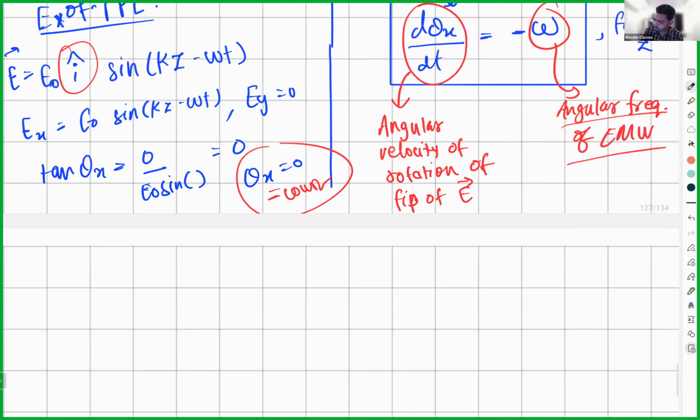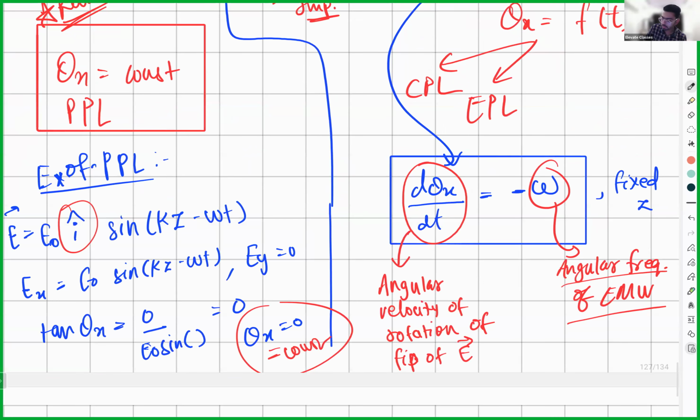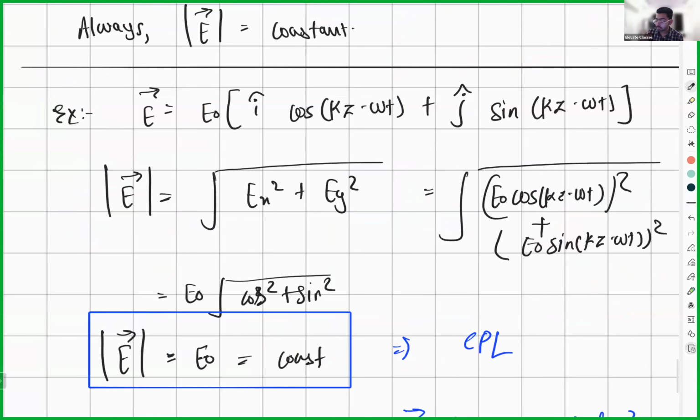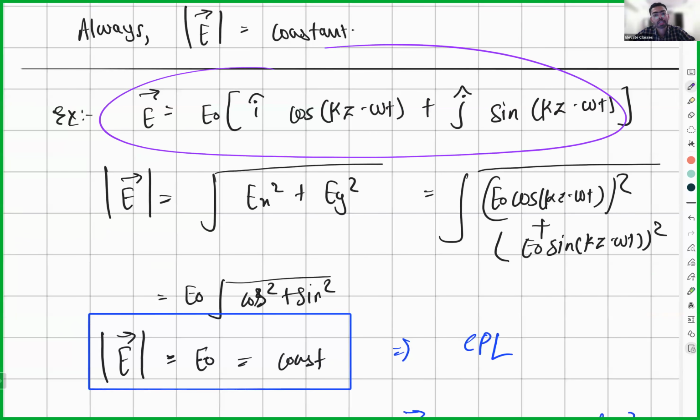Yes. This electric field has a phase of kz minus omega t. If I have kz minus omega t, this tells me that the propagation direction is plus z and not minus z. If I was having kz plus omega t, then I would say that the propagation direction is along minus z and not plus z.